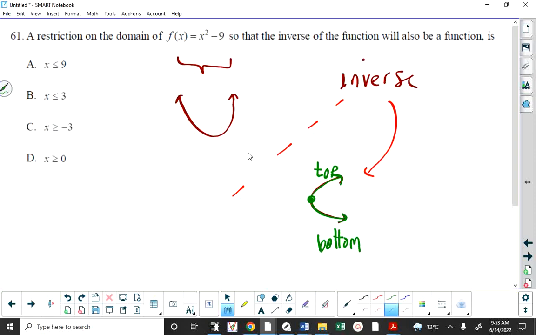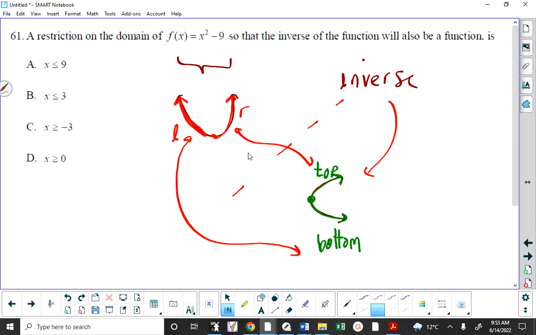So if there were no top, it would be a function. If there were no bottom, it would be a function. Now, why is there a top to this? There's a top to it because there's a right-hand side. The right-hand side becomes the top. And there's a bottom because there's a left-hand side. The left-hand side becomes the bottom.